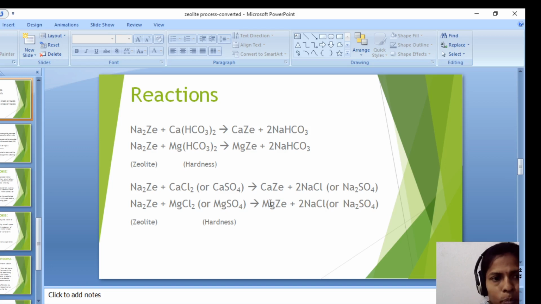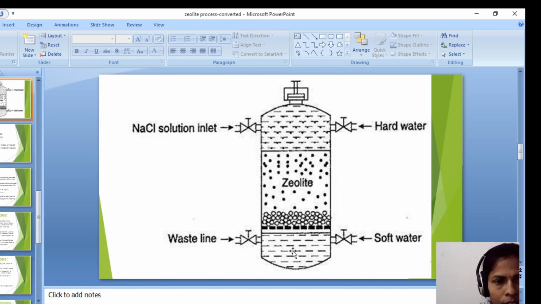But at one point, this zeolite, which previously had only sodium ions, has its sodium completely replaced with calcium and magnesium.